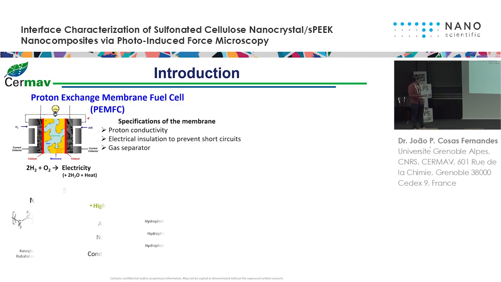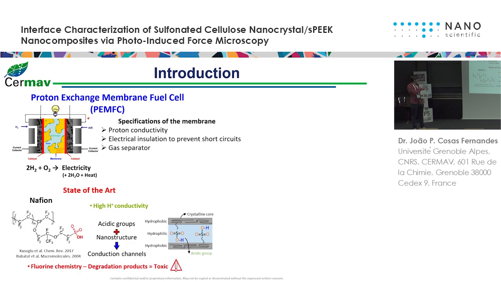The benchmark today is the Nafion material, which has a high proton conductivity, mainly because we have these acidic groups there and a nanostructure composed of phase separation of hydrophobic and hydrophilic phases, which give us these conductive channels.